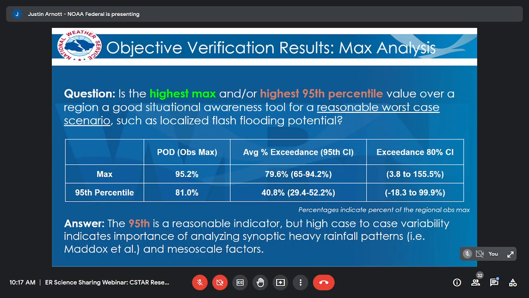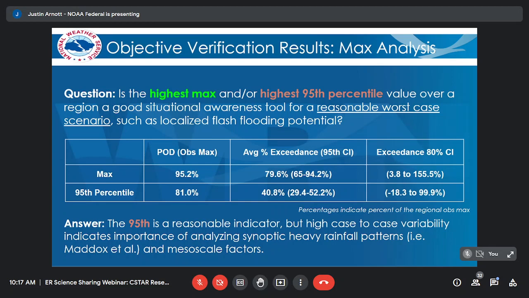And then the final column, which maybe just adds a little bit of detail to this, think of it as this: 80% of the time, those two variables, either the max or the 95th percentile, fall within the above interval.